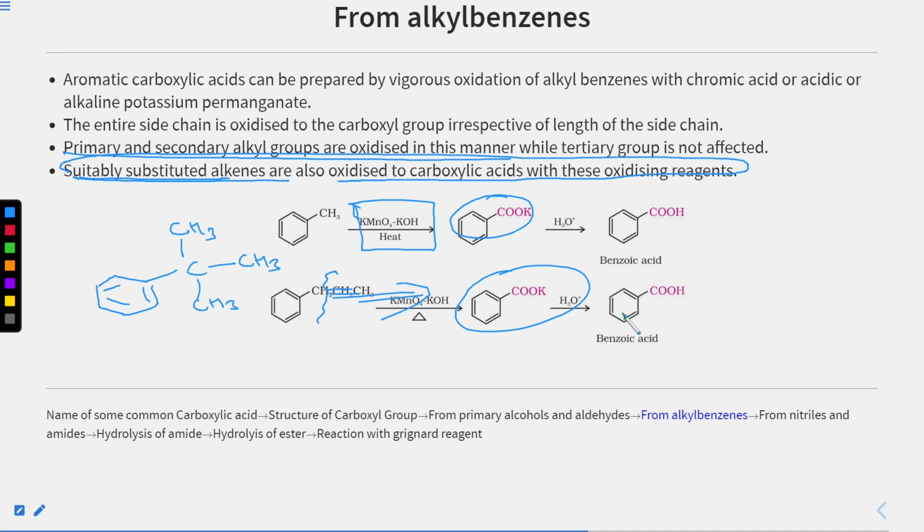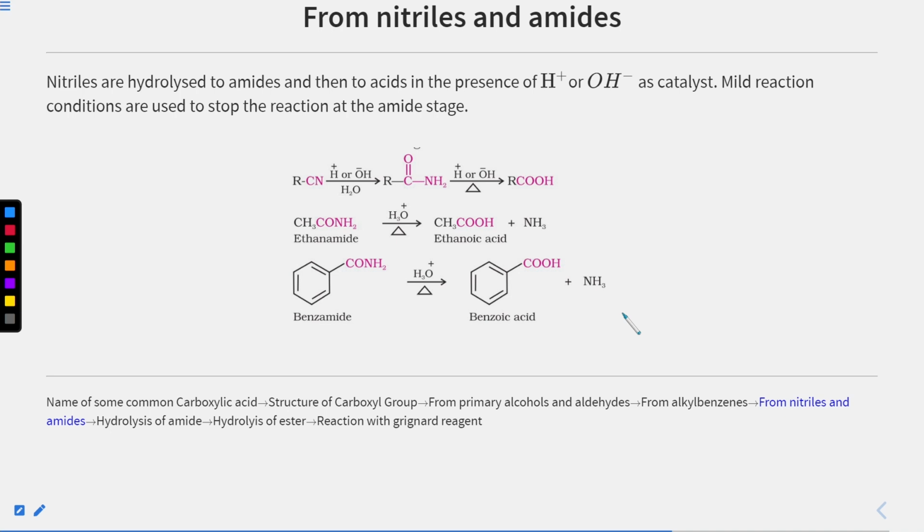Now next, let us move to what we can do in case of nitriles and amides. So here is our nitrile. How does a nitrile look like? This is nitrile.